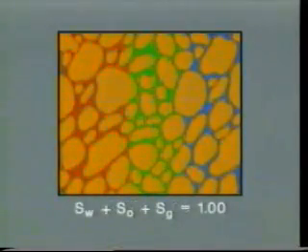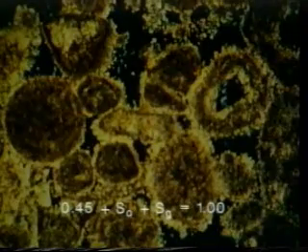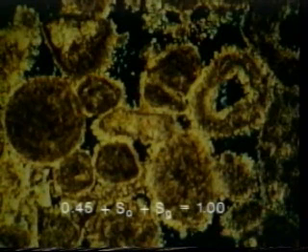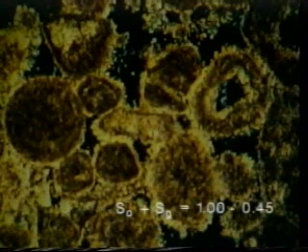Fluid saturation is represented by the symbol S and expressed as a percentage. Therefore, total fluid composition is S sub W plus S sub O plus S sub G equals 1. The notation that S sub W equals 0.45, as shown here, means that the water saturation is 45%.